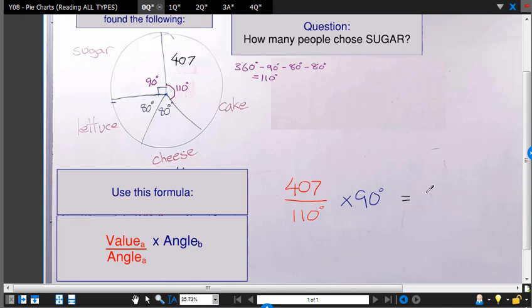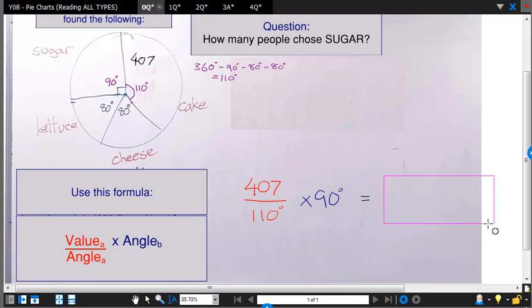Anyway, when you multiply it out, you'll get 333. You'll be able to do it on a calculator in the test. So that means 333 people chose sugar.